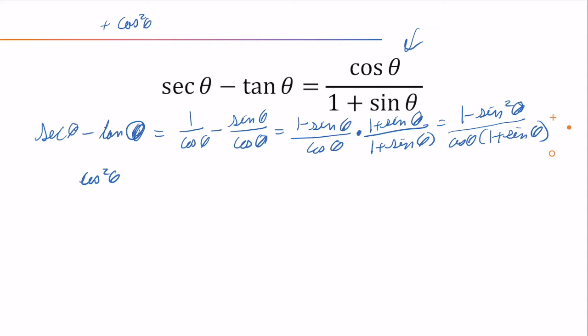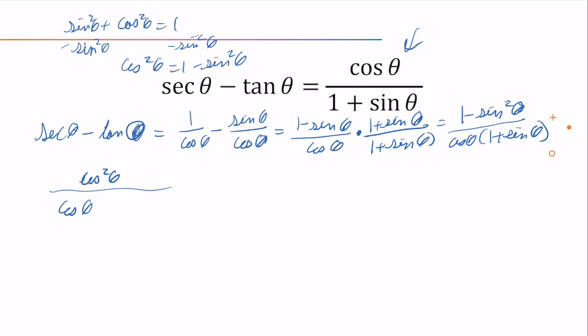Cosine squared theta plus sine squared theta equals 1. So if I was to subtract sine squared theta from both sides, I'd be left with cosine squared theta equals 1 minus sine squared theta. So now I have cosine squared theta over cosine theta times 1 plus sine theta. And one of those cosines is going to cancel out. So I'm left with cosine theta over 1 plus sine theta.